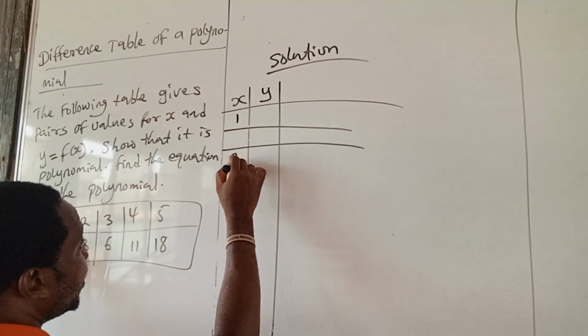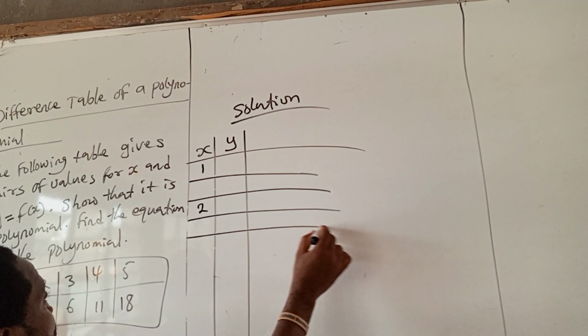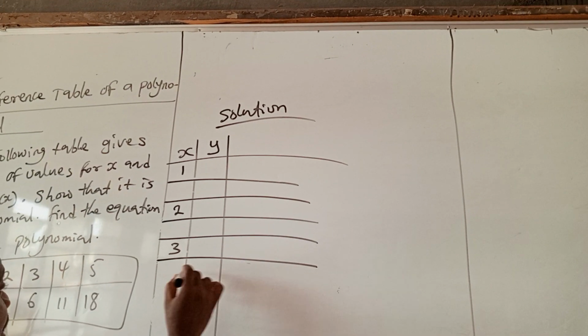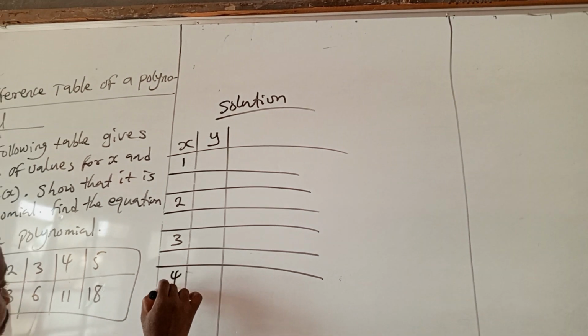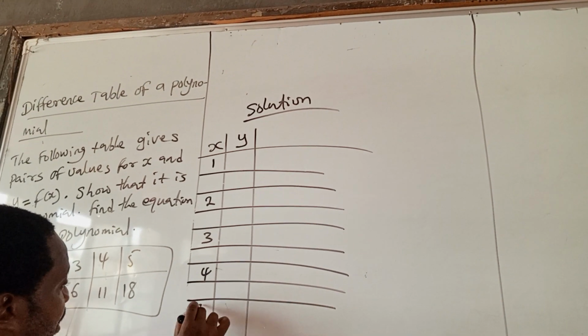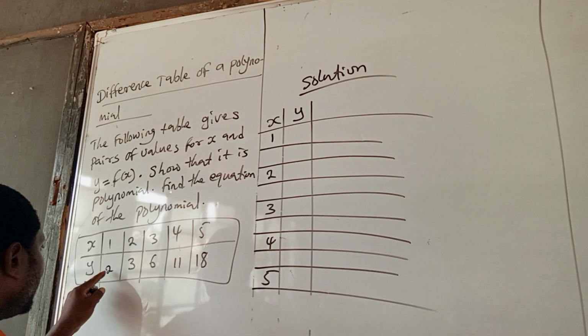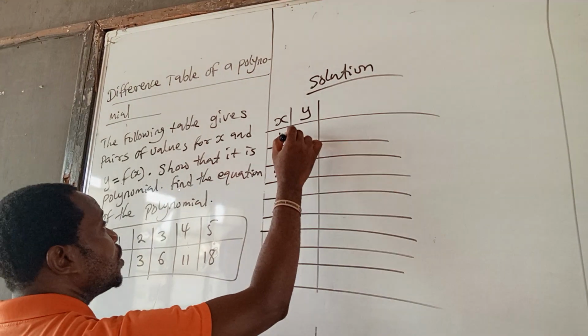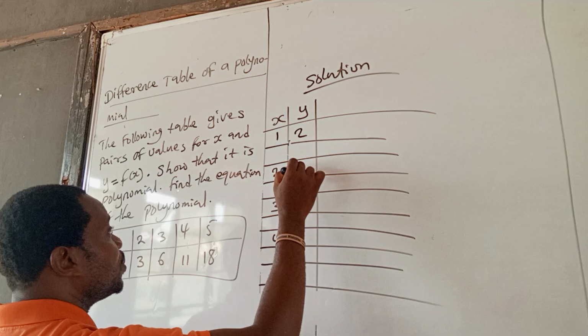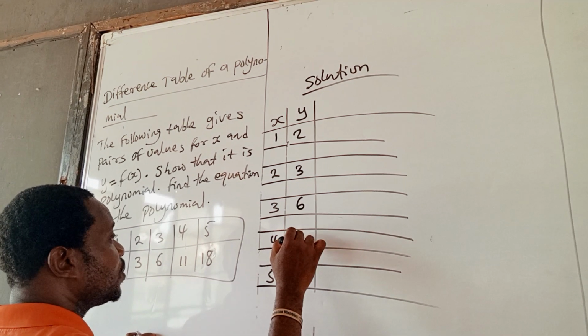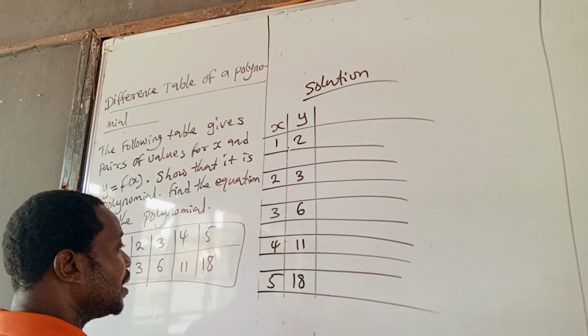You have 2, you jump one line. You have 3, you jump one line. You have 4, you jump one line. You have 5. Then under y, you put those values they gave you. So you put 2 here, put 3, put 6, put 11, put 18.